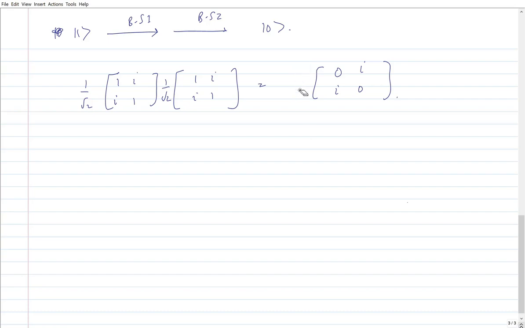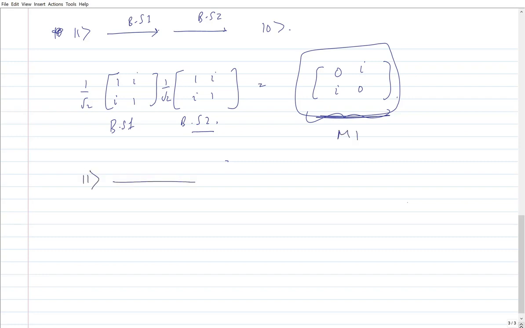So this is the action of beam splitter 1 and beam splitter 2 as this matrix. Essentially, we could just replace beam splitter 1 and beam splitter 2 by this matrix. I'm calling it M1. So this is ket 1 going through M1, which is the joint action, just a matrix multiplication. And what do I get? This is 0 iota iota 0 applied on ket 1.